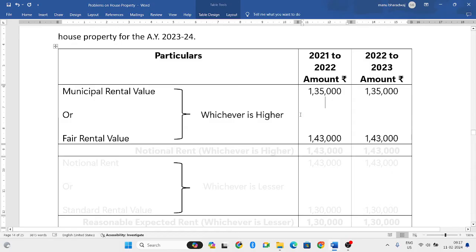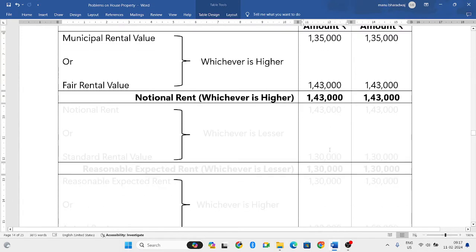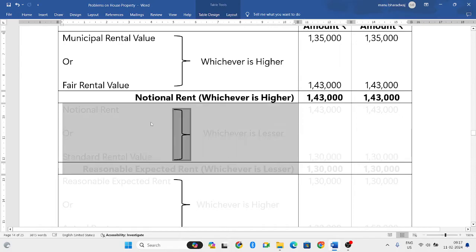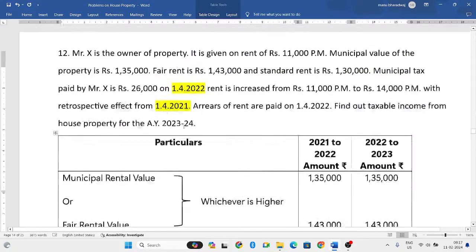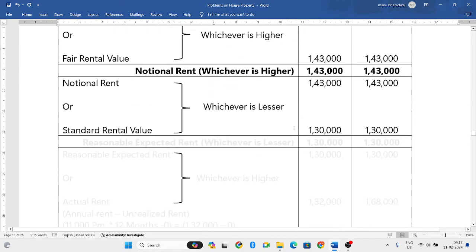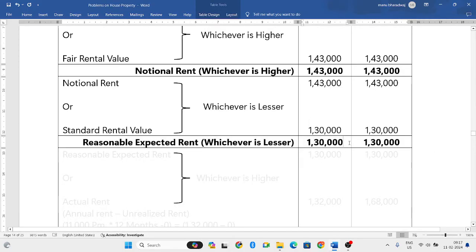Out of these two, whichever is higher, we will consider as notional rent. 1,43,000 is higher, so that is the notional rent. Next, the notional rent will be compared with standard rent, which is 1,30,000. Out of these two, whichever is lesser will be considered as reasonable expected rent.